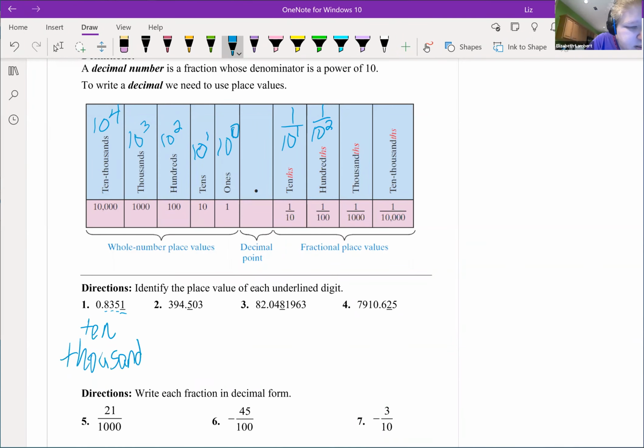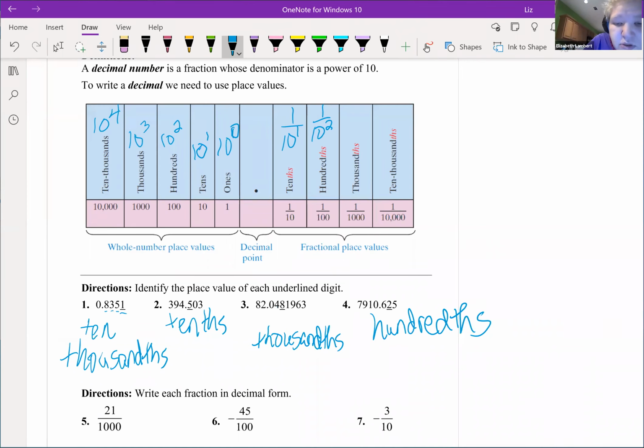And this one is tenths. All right, what do we get here? We got 3, so tenths, hundredths, thousandths. Thousandths. And then tenths, hundredths. Hundredths. We'll extra emphasize it. And we could also write the fraction as well.